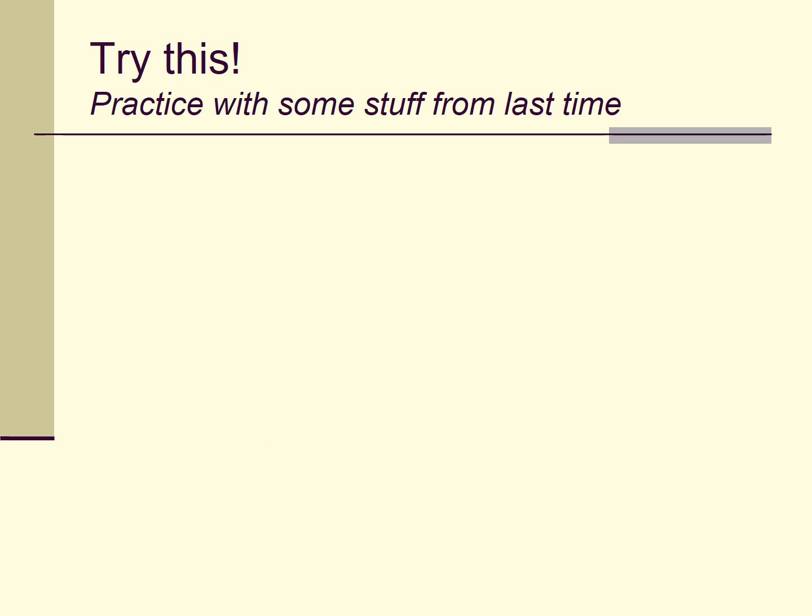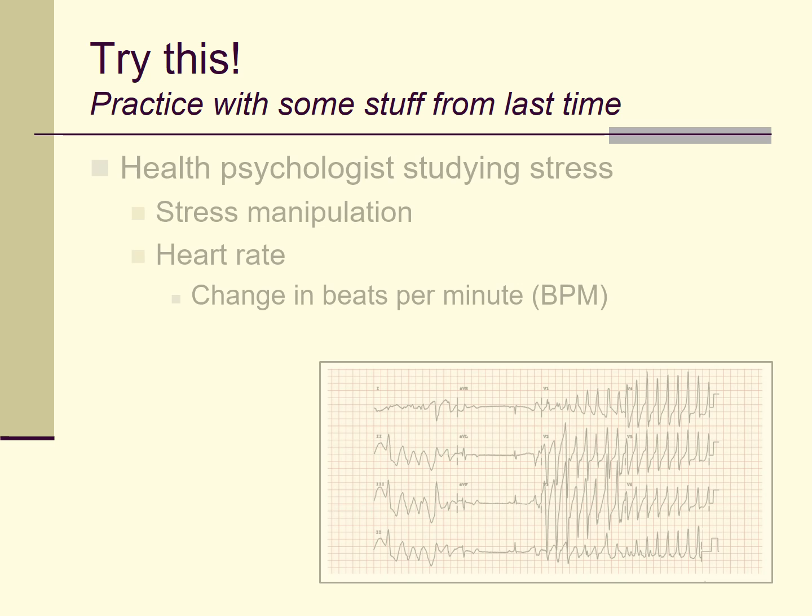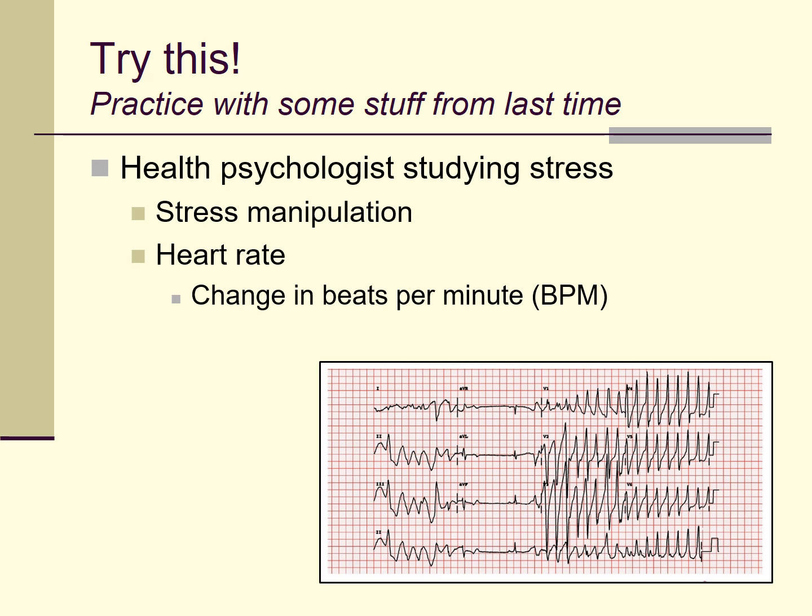Okay, so here's the part to just practice or try something that we did last time. Imagine that you're a health psychologist who's studying stress. So in your laboratory, you're doing some sort of experimental study that involves a stress manipulation. Perhaps people who come into the laboratory are assigned to either just wait quietly or to wait with the expectation that they'll have to give an embarrassing speech to a group of people, so they're in a stressful state, relatively speaking.